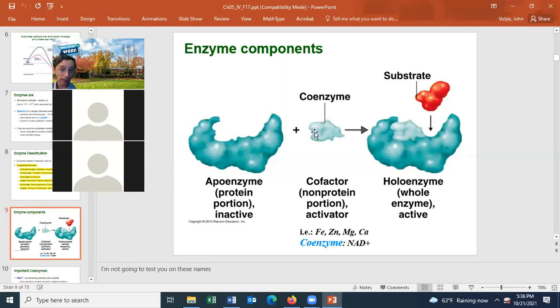It's a biological molecule. And a cofactor is usually a non-protein activator, such as an element, usually a metal like iron, zinc, magnesium, calcium. So that's how a cofactor differs from a coenzyme. Any question about that?